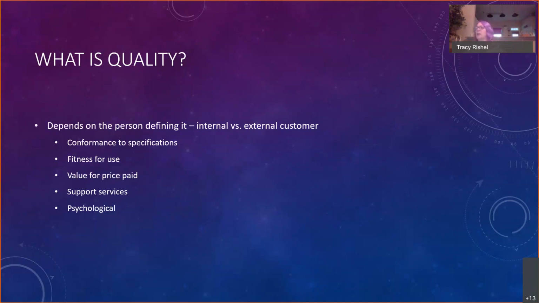Are there after purchase support services? The same way with your car. And then there's psychological, and a lot of times we don't think about this, but psychological includes things such as ambiance, prestige, is it a friendly staff, those types of things. And again, I'll mention this as we go along, okay?